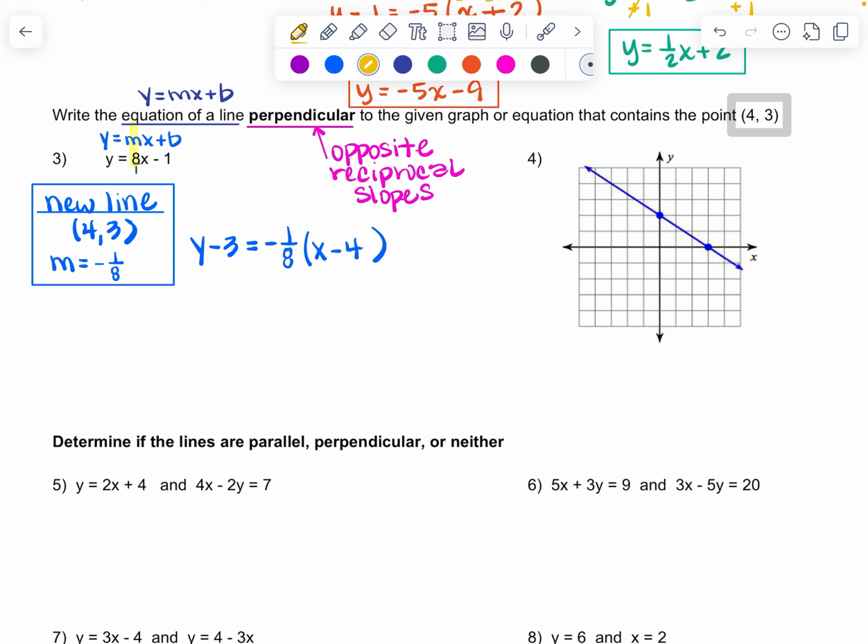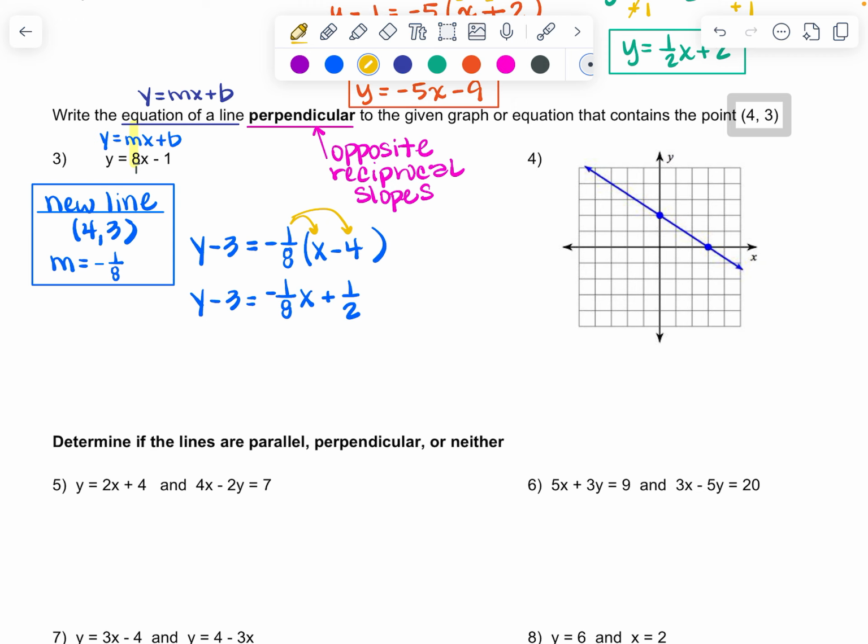It never changes, guys. It's the same 2 steps over and over and over again. So we're going to distribute negative 1/8. Please use your calculator if you need to. Negative 1/8 times x is clearly negative 1/8 x, so you don't have to really do much for that. But negative 1/8 times negative 4, type that in your calculator if you need to. That is a positive 1/2.